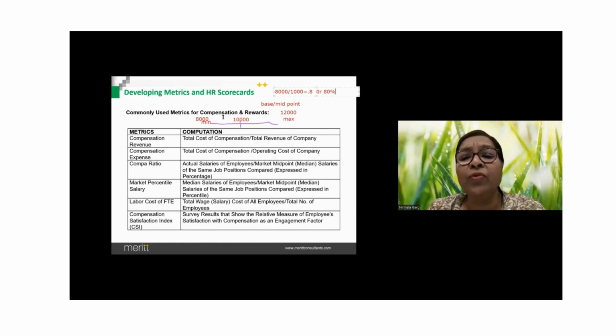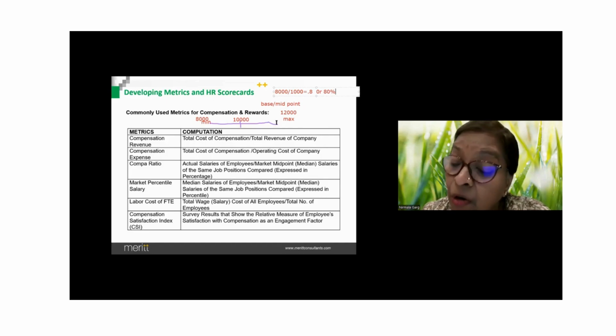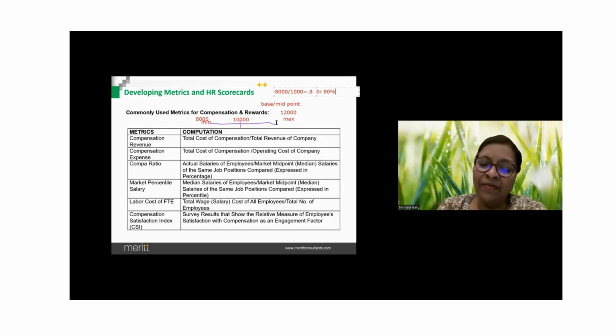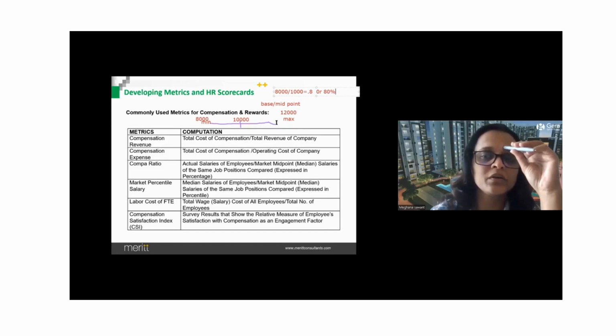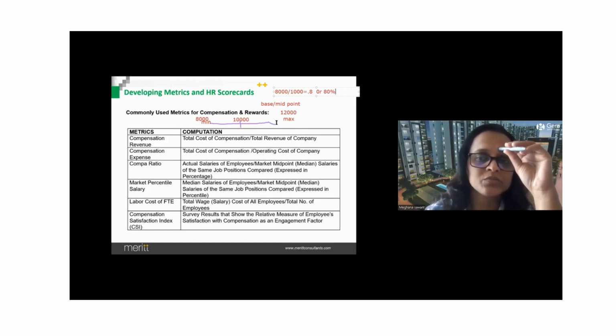That means most of my positions I'll be hiring at a minimum, or my promotion policy will be that I will be promoting people only at 110 or 120% compa ratio. When you have such kind of policies, how do you think they are going to impact, or what is the purpose of this? Any clue?